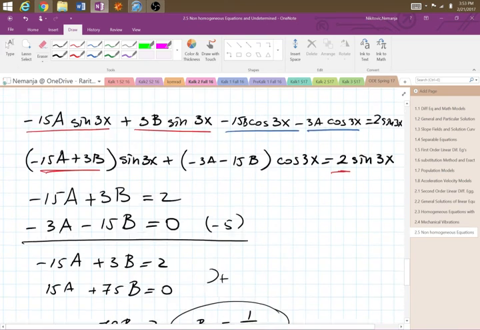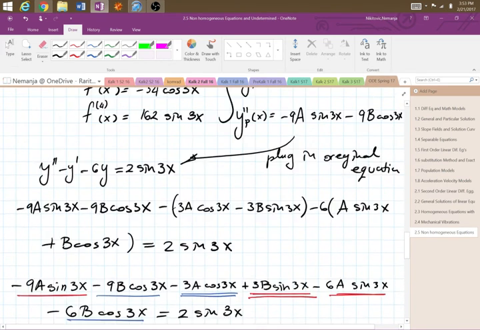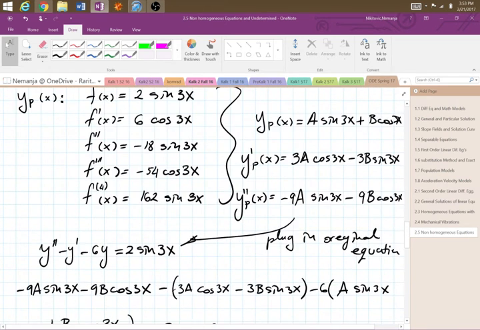Once you have the yp, you're supposed to plug it into the differential equation. Your yp is this puppy here. You need that one and that one, so you need to take derivatives. So take yp prime and yp double prime. Take those derivatives, and then just plug them all in.